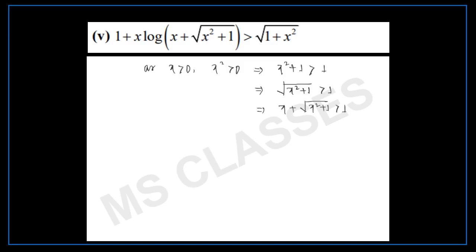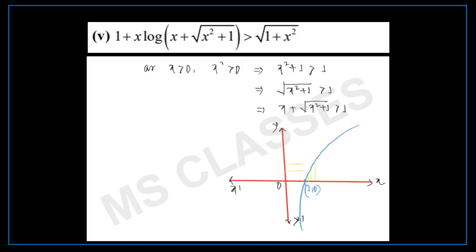Now if we see the logarithmic function graph, this is y, this is x, this is x prime, this is y prime. What do you observe from here? This is 1 comma 0. When x is greater than 1, the outputs which we get are positive. This is the graph of y equal to ln x.